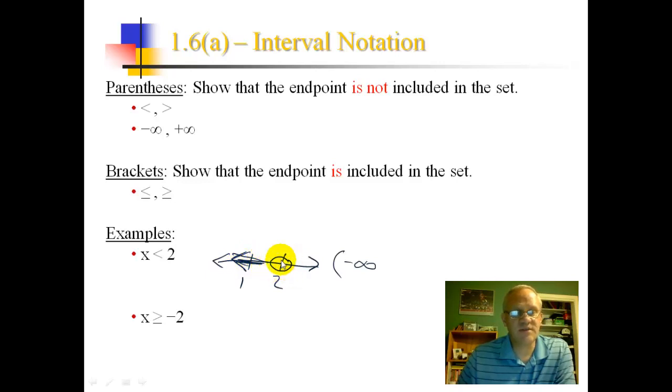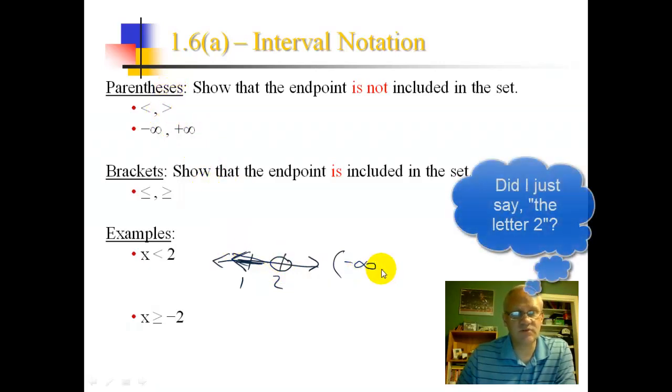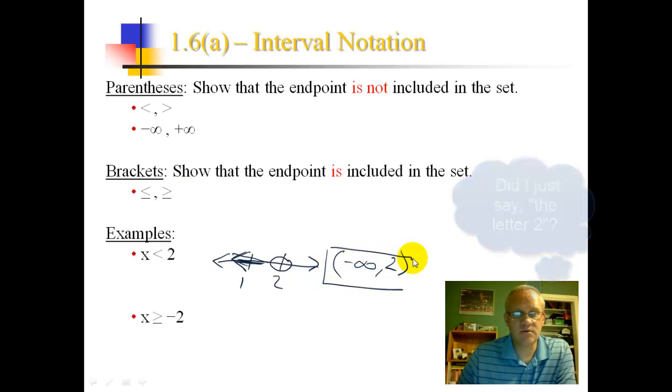And then on the right side, you have the open circle. Now remember, open circle, or where there's no equal sign, we're also going to use a parentheses, and that's the number 2. So I'll do comma 2 and then parentheses. This is how I would write this in interval notation: parentheses around both of them, with the negative infinity and the 2.